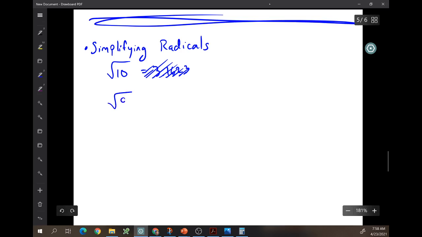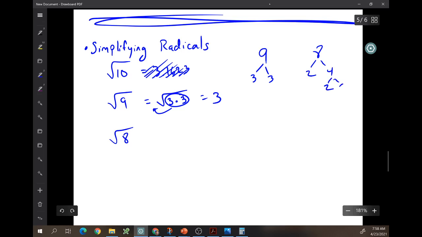But how did we define square roots? Like the square root of 9 was essentially, if we did a factoring tree, 3 times 3. So this is the same as having the square root of 3 times the square root of 3. And I have a pair of them, so I can take my pair out, and it just becomes a 3. This works for cube roots too. If I had the cube root of 8, well, 8 is 2 times 4, and that's 2 times 2.